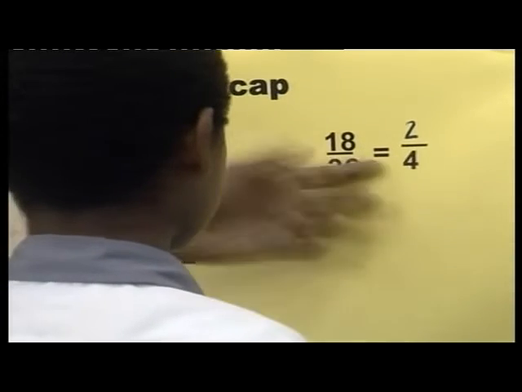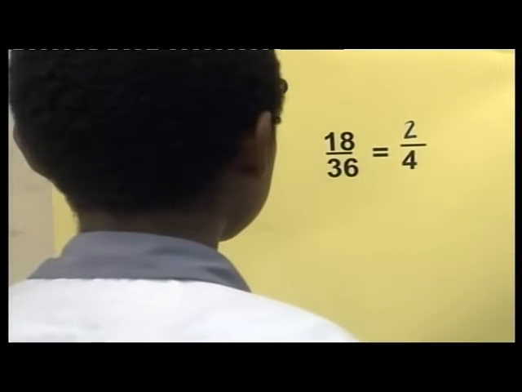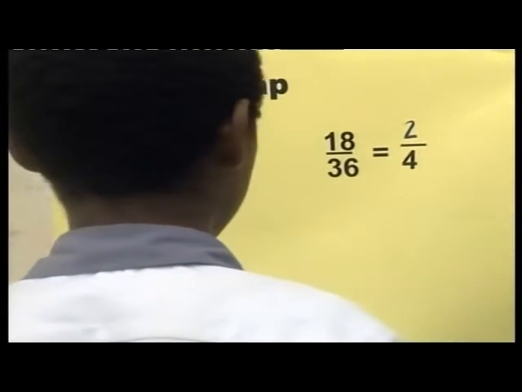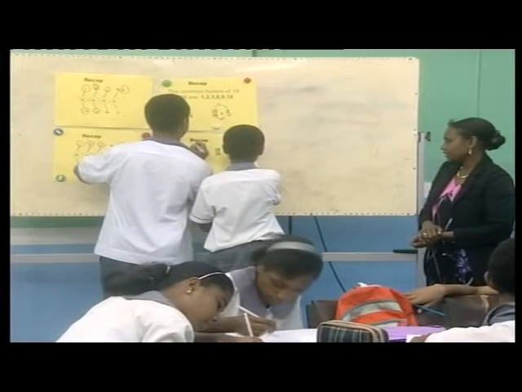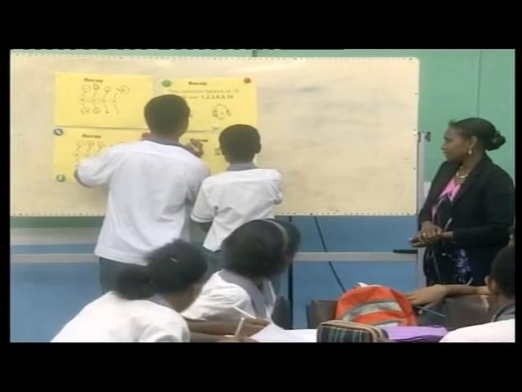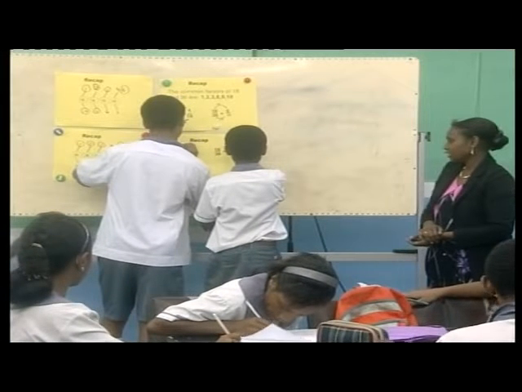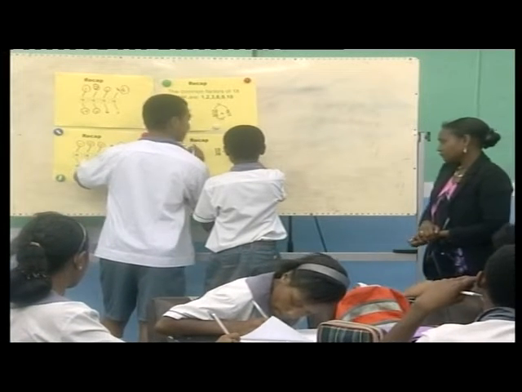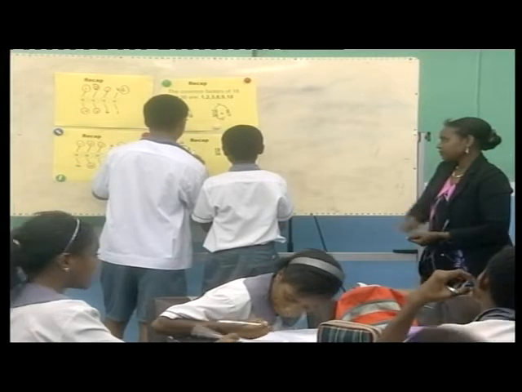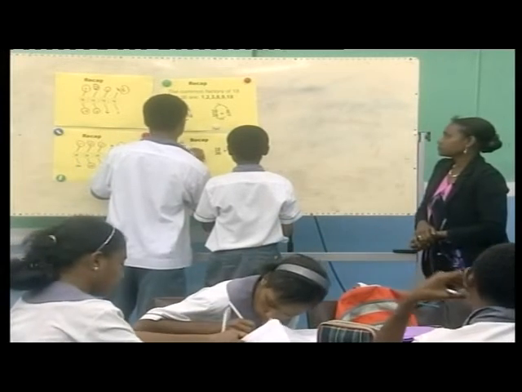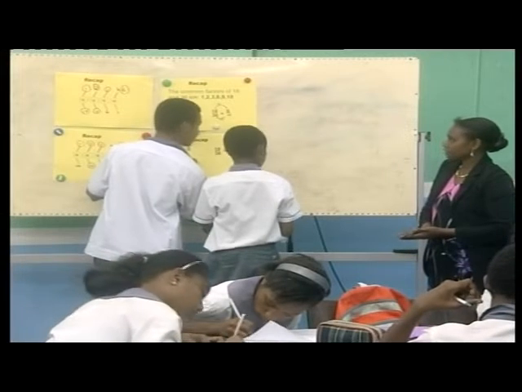What did you do? How did you get 2? Get the other marker there, Rodney. 2 times what is 18? So when you divide the same number into 18, you will get 2. Your common factors are up there.